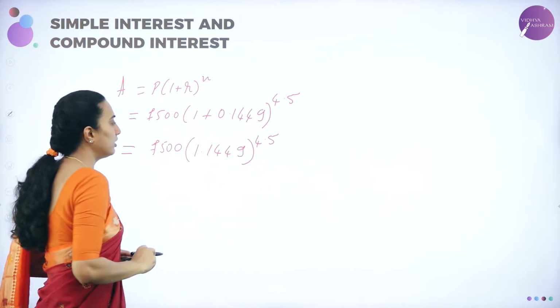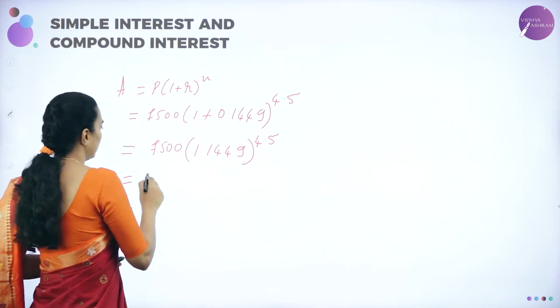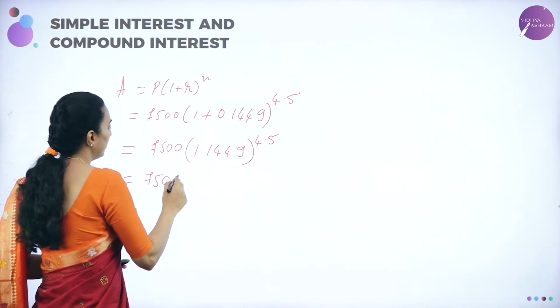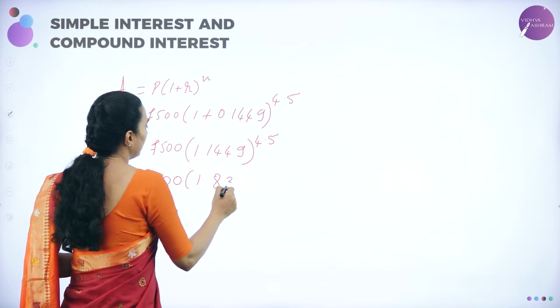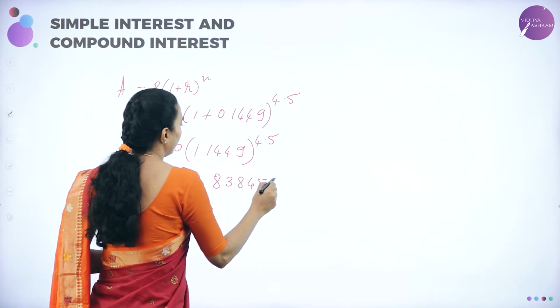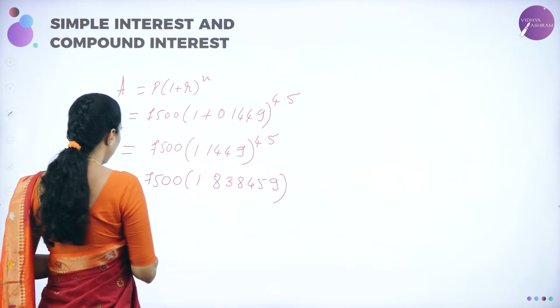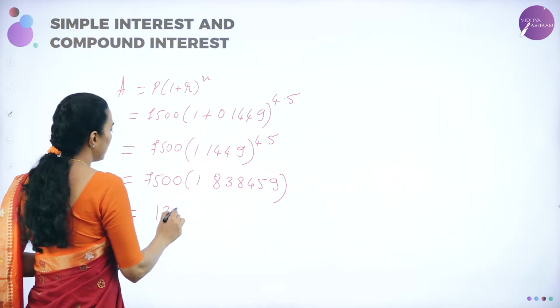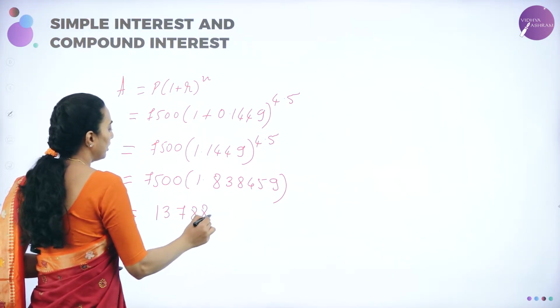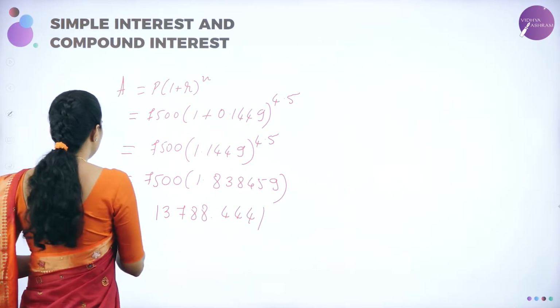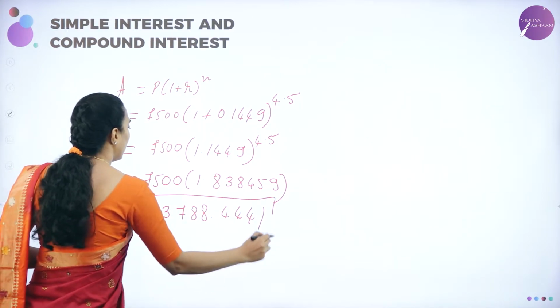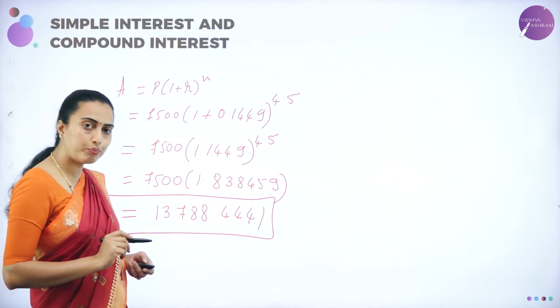Let me calculate this, which will be equal to 7500 into 1.838459. By multiplying this, we get 13,788.4441. Okay, this is your A value. They have asked you to calculate what? The compound interest.